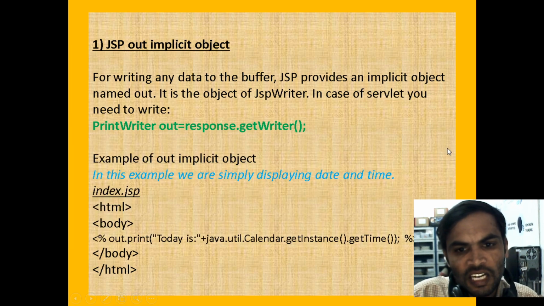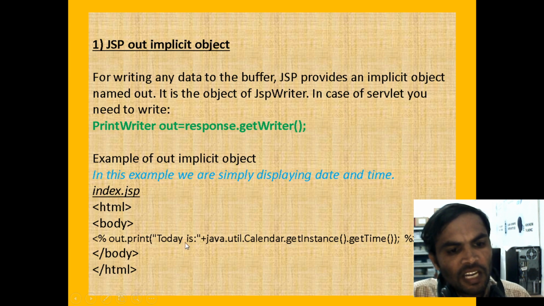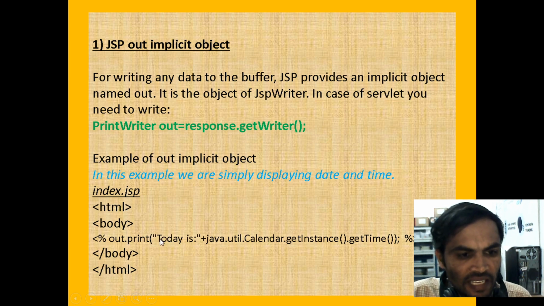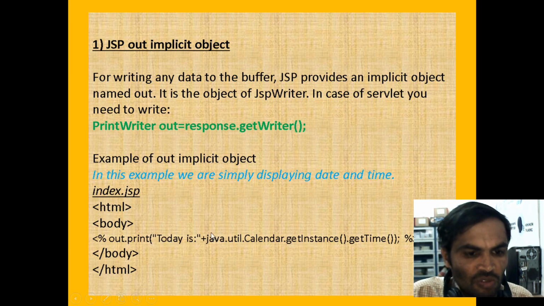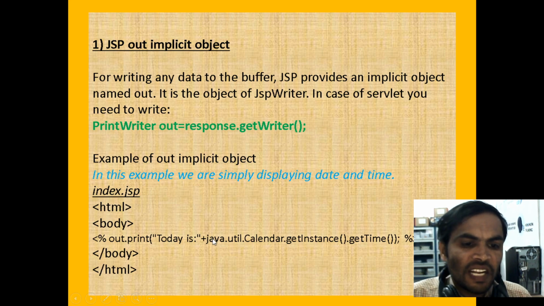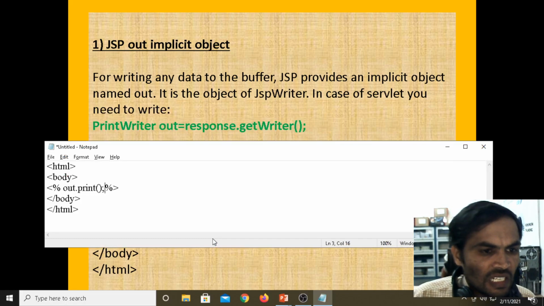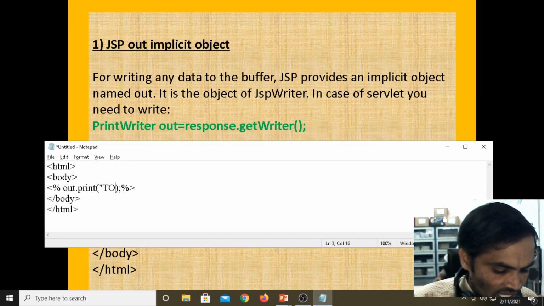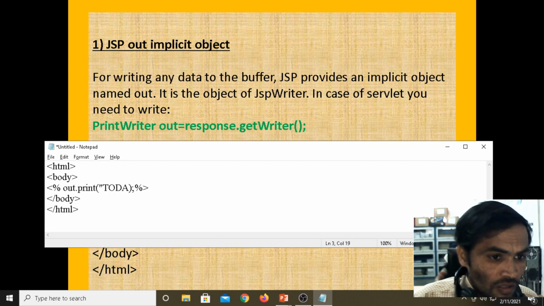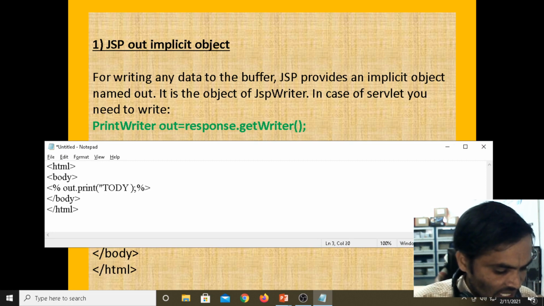How are we printing the content? If you want to print the content, we give text or a comment or whatever message you want to give. Then we take the package java.util.Calendar. For decoration purposes, we write today's date and time.